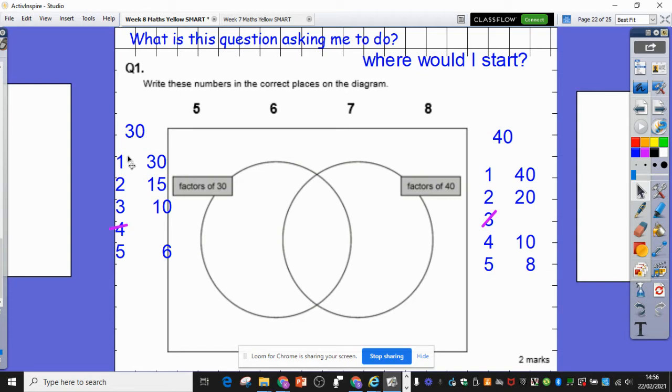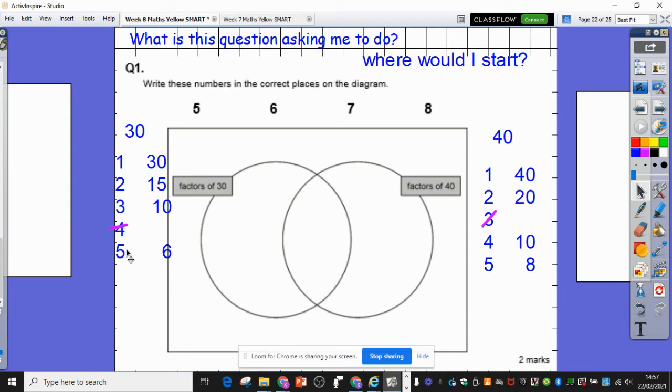So I know that 1 times 30 is 30, 2 times 15 make 30, and 3 times 10 make 30. However, I know that nothing times 4 will work because 30 does not appear in the 4 times table. Again, use your times table grid to help you with this.